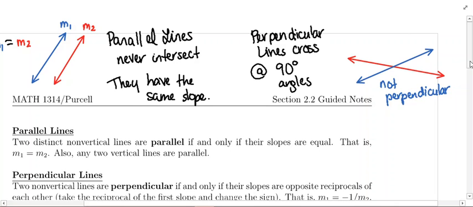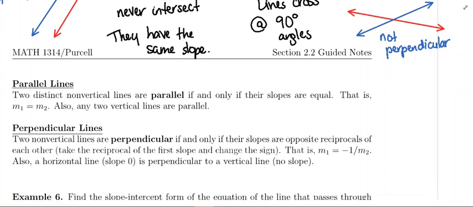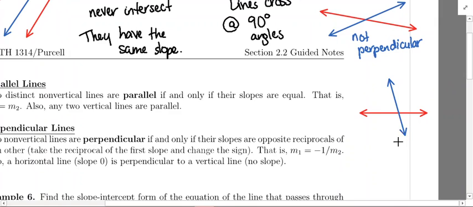Now if I go down here and redraw the two lines, so let's say this is the first line, and then I'll come in and draw the second line. Like that. In this case, when they cross, they form 90-degree angles.